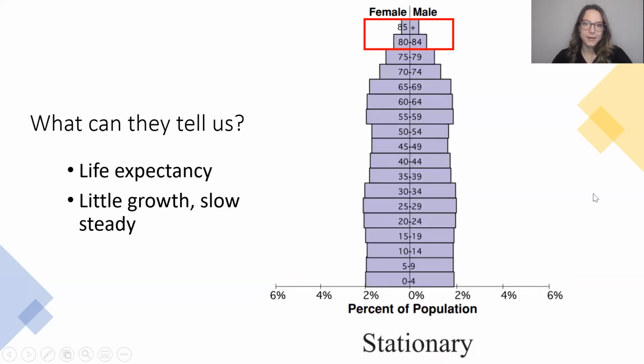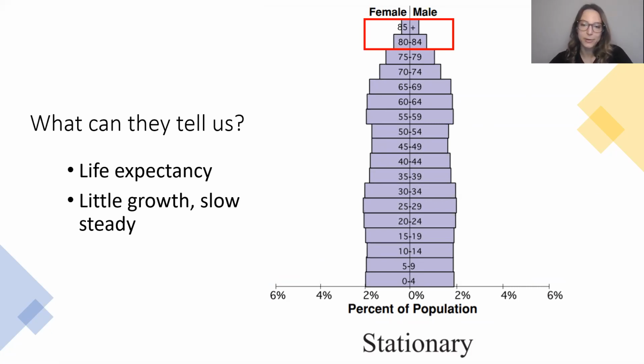So the next type of population pyramid is what's called a stationary pyramid. Now, you'll notice the characteristic of this pyramid is that you see really equal proportions per age group. The proportions of the population in each age grouping is about equal. This is important because it tells us that there's very little growth.